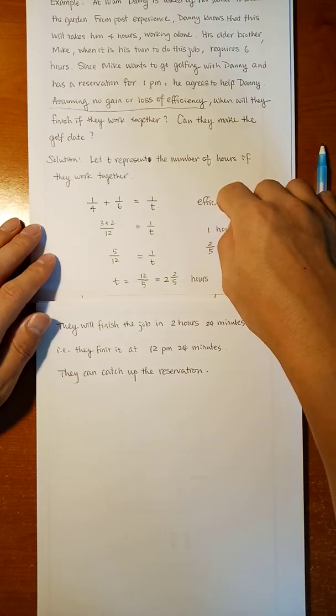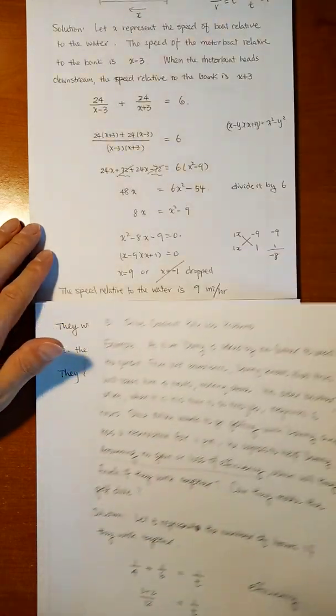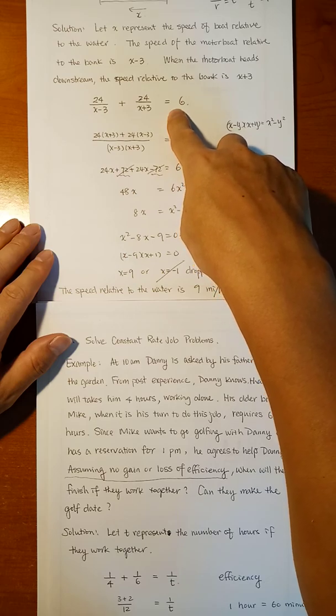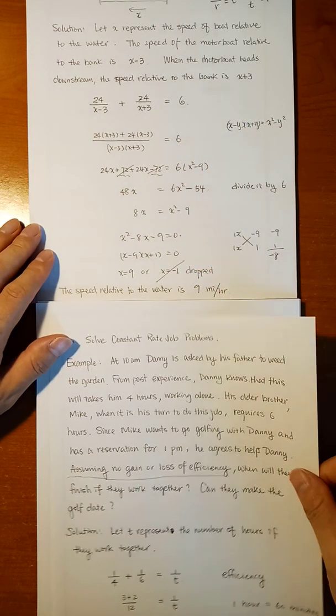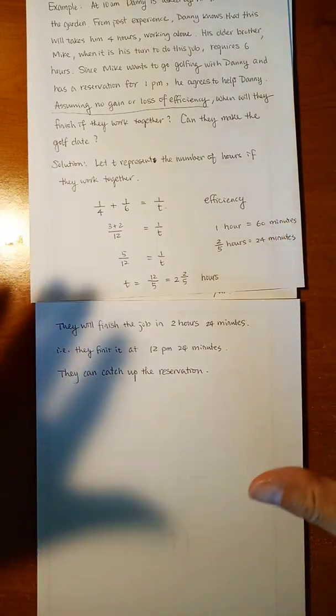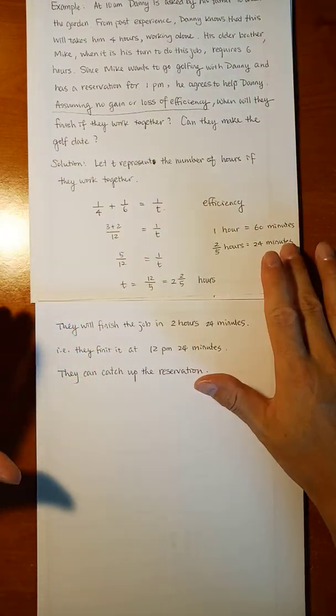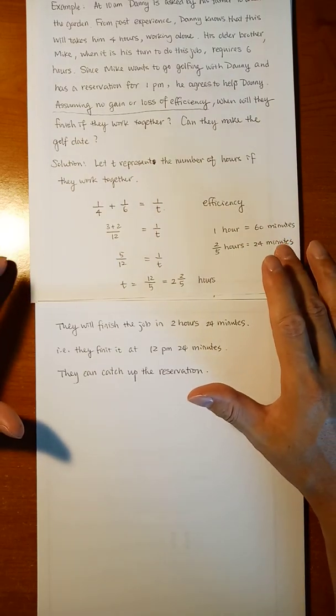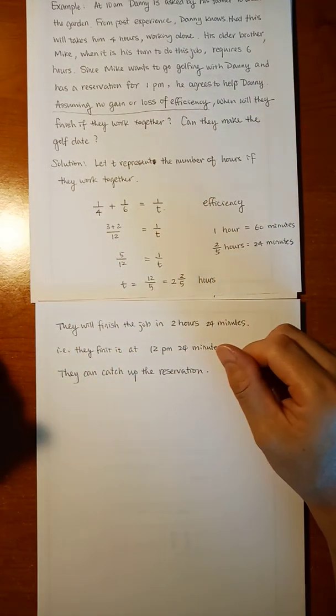Here, the efficiency is not changed. The previous problem, the total time is not changed. So you have to work out the concrete problem, figure out which quantity is unchanged during two different computations, and then you set up the equation.